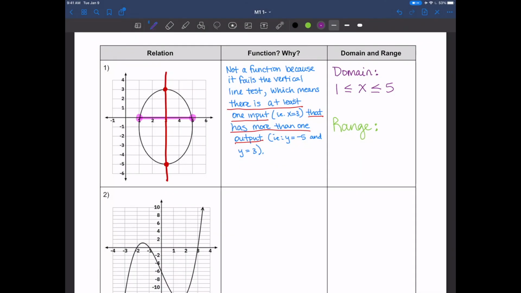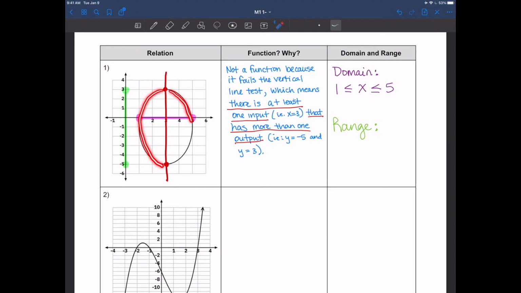All right, so now let's look at the range. These are the y values that I can be equal to. So I'm going to take green this time. The lowest y value I can be equal to is -5, and the highest I can be equal to is 3. And it's every y value in between because my graph has all of these y values.